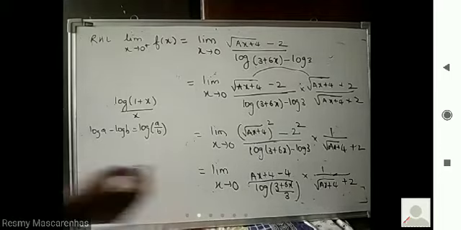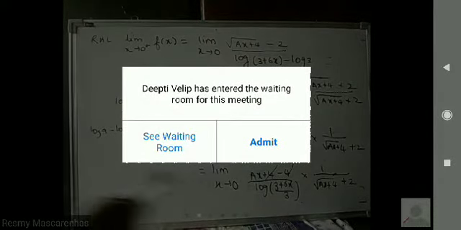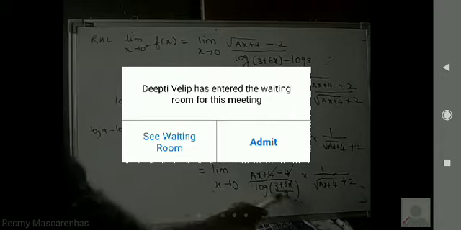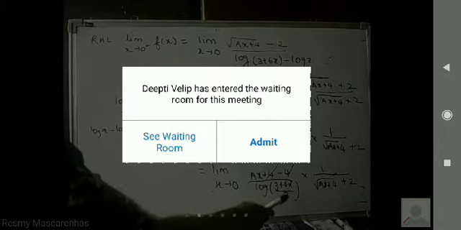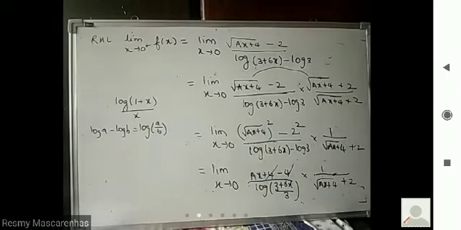Now this 4 and 4 will cancel. And what will happen? 3 you give to both the terms. Means what? Divide for both. So 3 upon 3 will be 1 and 6 upon 3 will be 2. Okay.